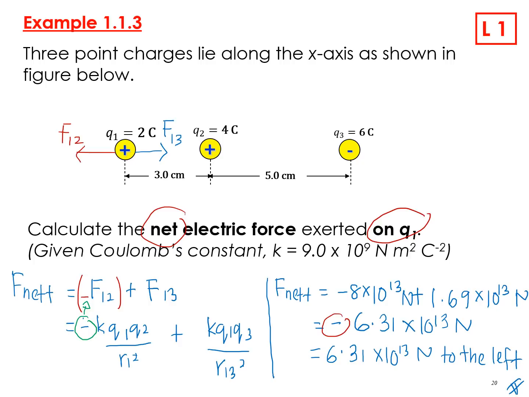So that's the answer for the net electric force exerted on Q1. The magnitude of F net is 6.31 times 10 to the power of 13 Newton, and the direction is to the left.